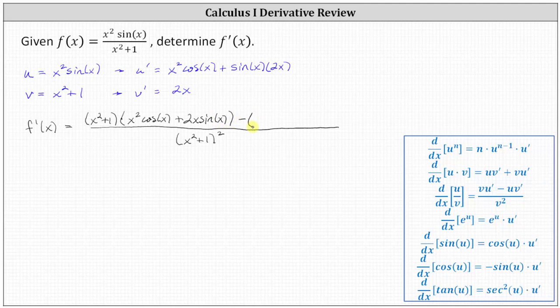Then we have minus the product of u and v prime, which is the numerator of x squared sine x, times the derivative of the denominator, v prime, which is 2x.